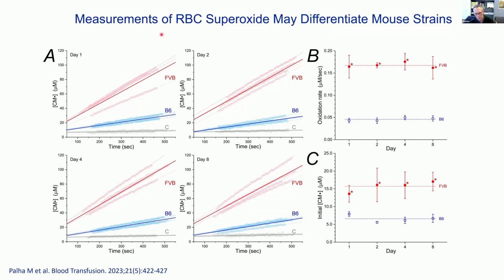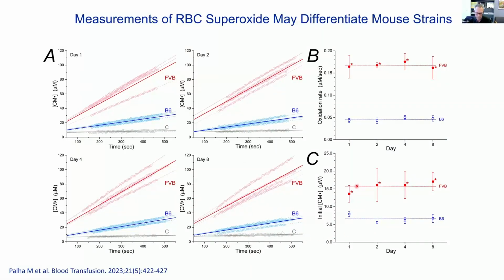FEB mice demonstrate CMH oxidation at a much faster rate and indicate a higher steady state level of superoxide once you take them out of the body and store them over multiple days than B6 mice, which do not have direct aberrations in their genetics that would predispose to oxidative stress within red cells.